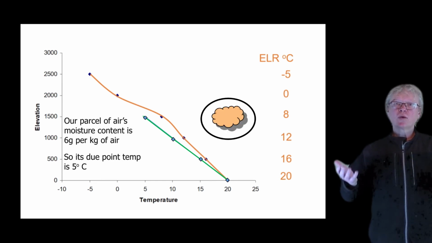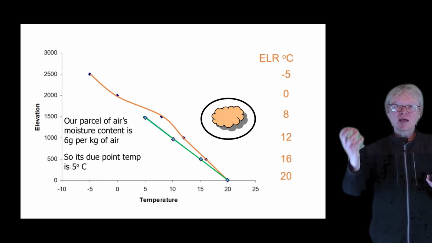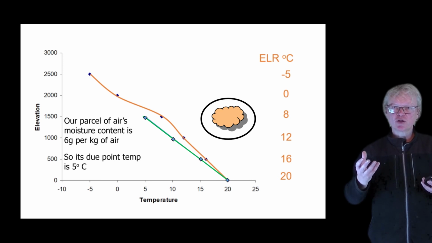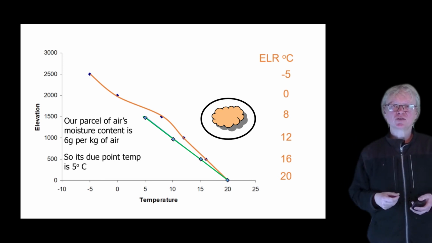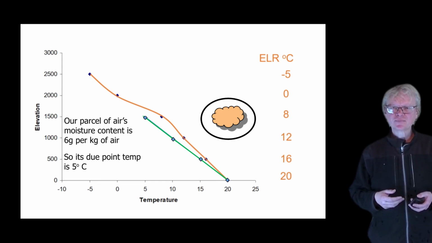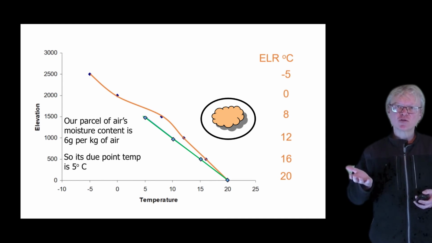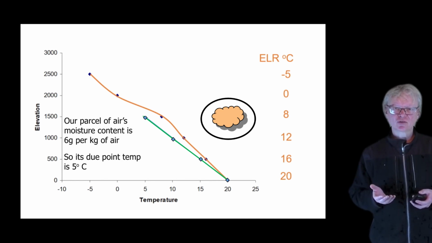What happens then? We get a cloud forming because the water vapour has now reached 100% humidity, and so the water vapour gas turns into water droplets, and we get our cloud that we see. But then look at what happens if we continue to force that air parcel to rise.